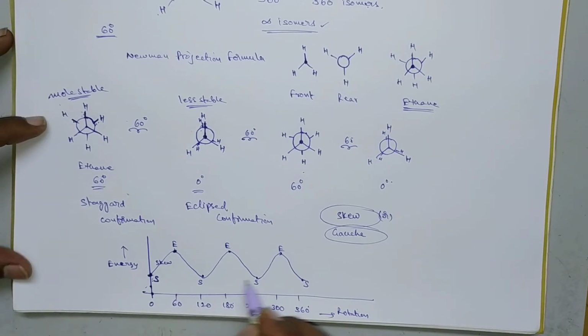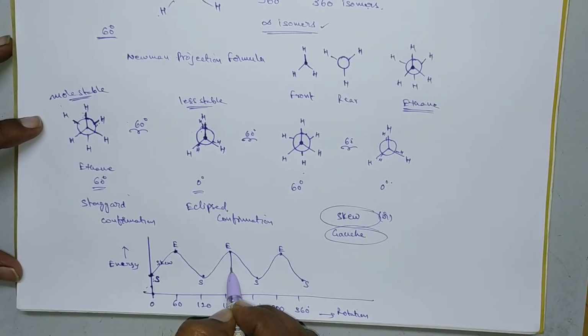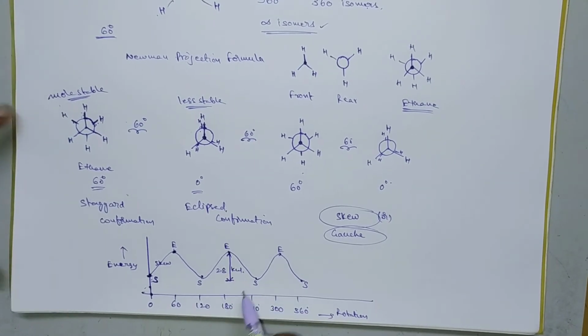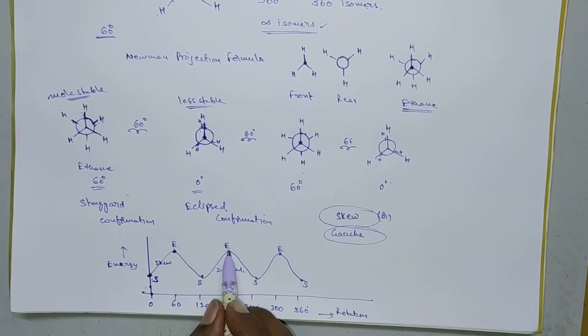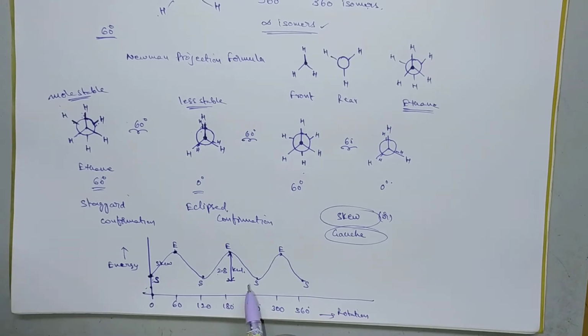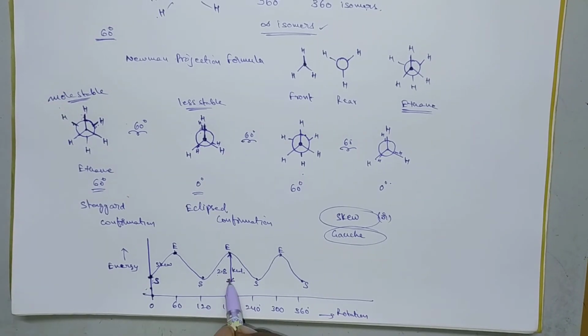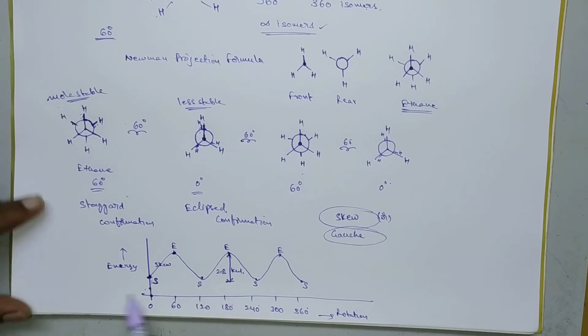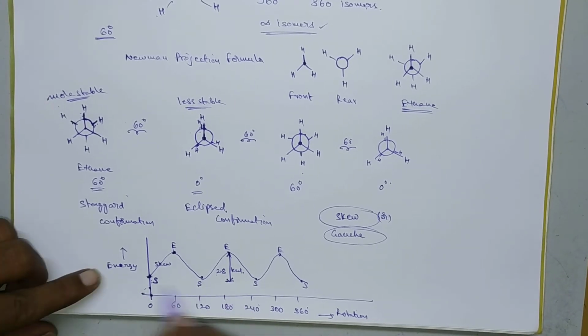Generally the energy difference between the staggered conformation and the eclipsed conformation is nearly 2.8 kilocalories. This is very little energy. It can be provided through molecular collisions or by absorbing energy at room temperature. That's why in general ethane exists as a mixture of isomers.